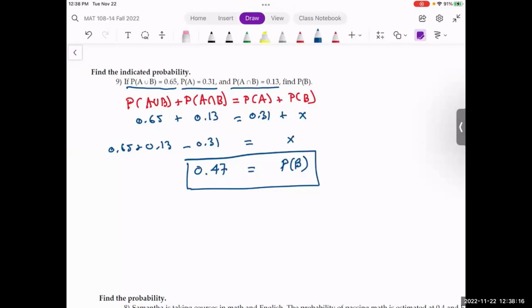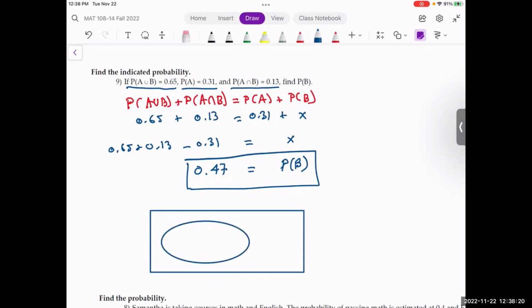Okay, the second method, you can use the Venn diagram here. So this is your two circles, A and B. If I am using the Venn diagram, I want to use the intersection first. So 0.13 is over here.